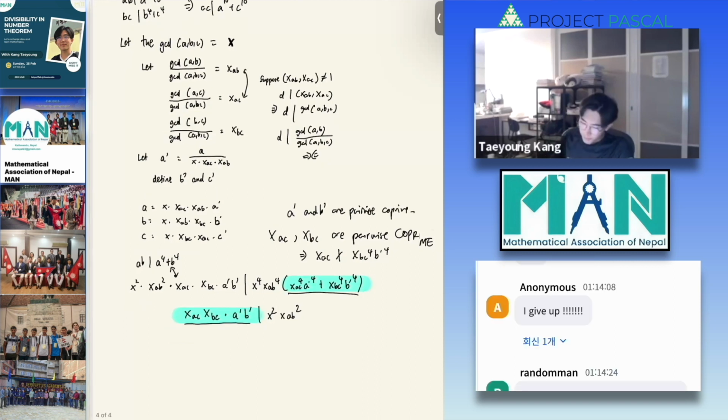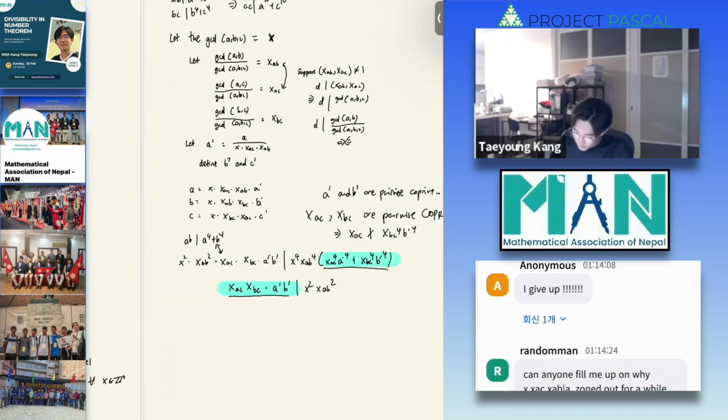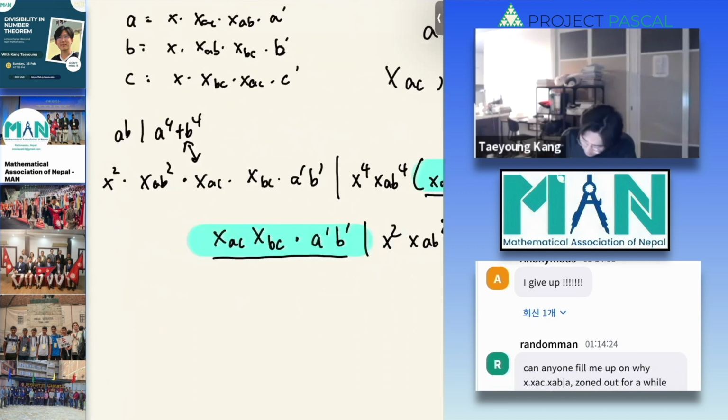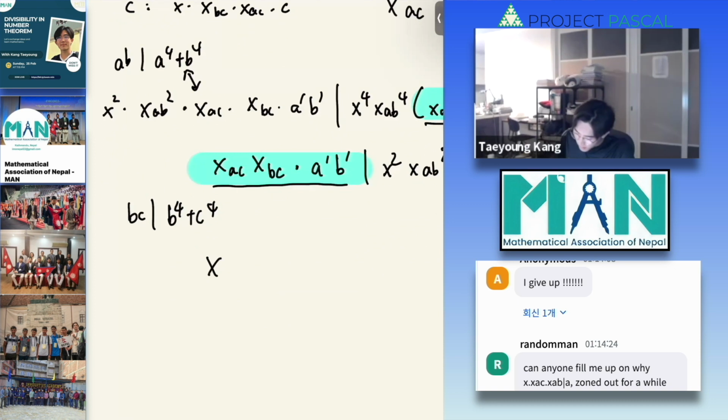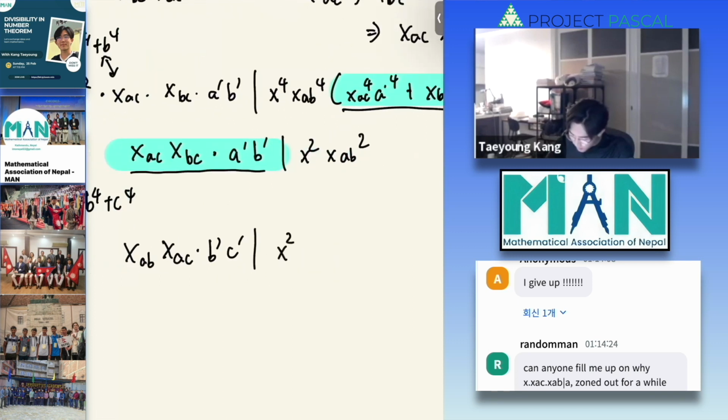So the other divisibility condition, which is BC divides B to the power of 4 plus C to the power of 4, implies that X AB X AC times B prime C prime divides X square X BC squared.